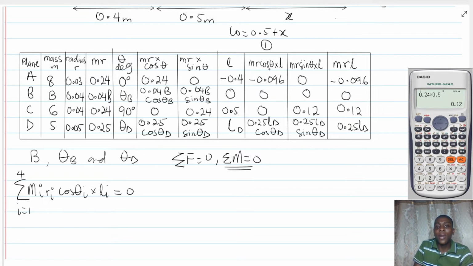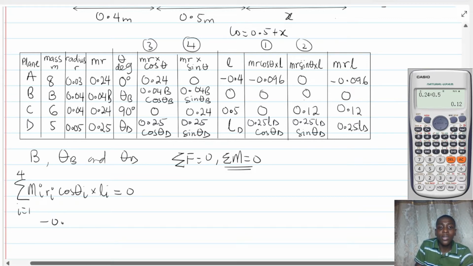Alright, so now mr cos theta times L is moment, mr sin theta times L is also some form of moment. And then we will come here, and this is actually the forces. So let's do these two columns. Dealing with mr cos theta, clearly they are all zeros with the exception of only this one.